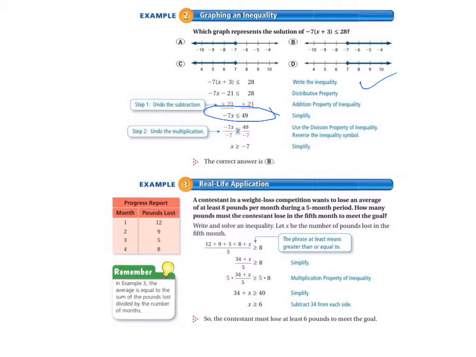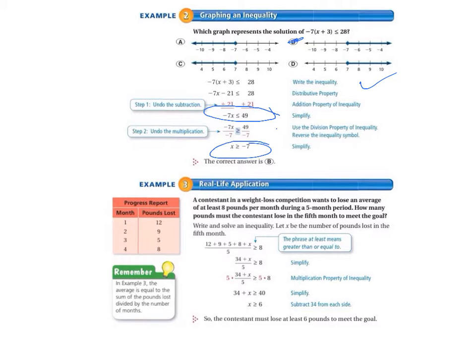And remember, since it's negative, we need to reverse that sign. So we have x by itself, and we have 49 divided by negative 7, and that leaves us with negative 7 on the right, and our sign flips around, so it's now greater than or equal to. So our solution is x is greater than or equal to negative 7. So the graph that shows that is letter B.